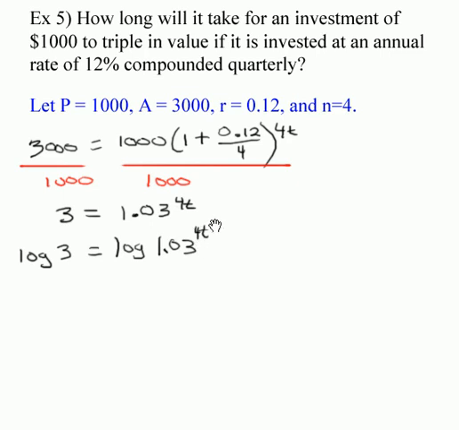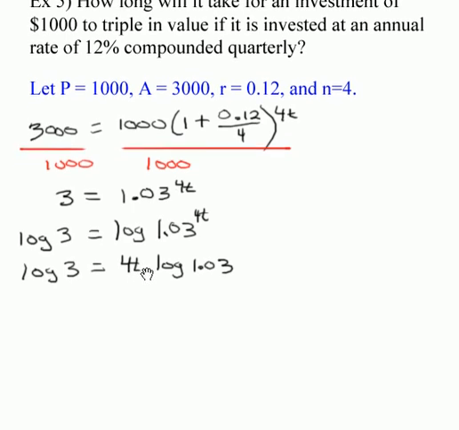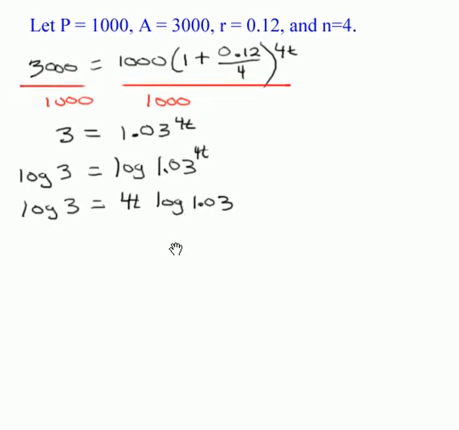So let's try to isolate t to get it by itself. To do that, it's being multiplied by 4. It's also being multiplied by the log of 1.03. So I'm going to divide both sides of this equation by 4 and by the log of 1.03. And I'm going to switch sides of the equation.